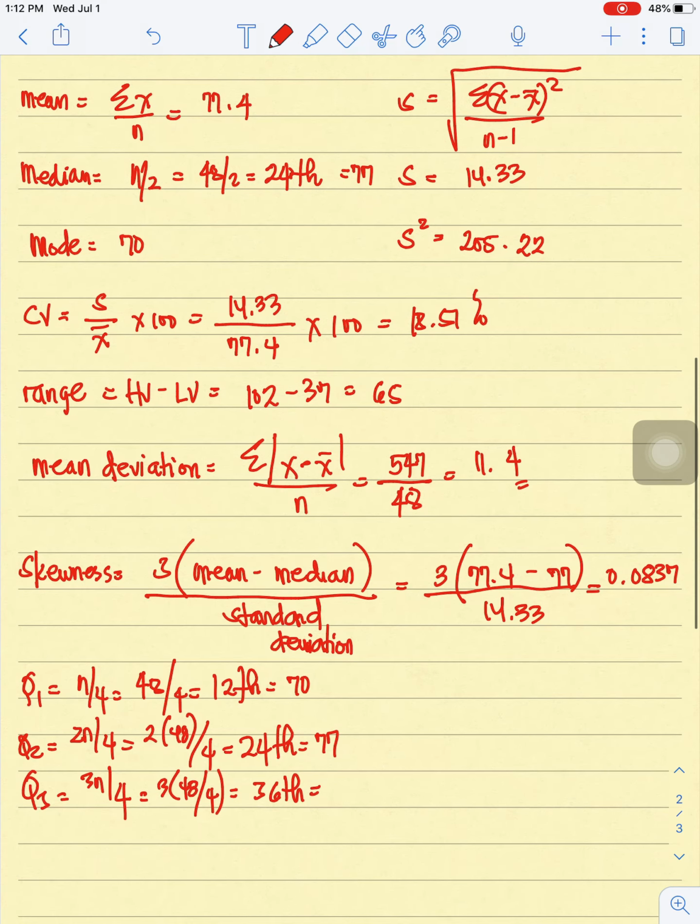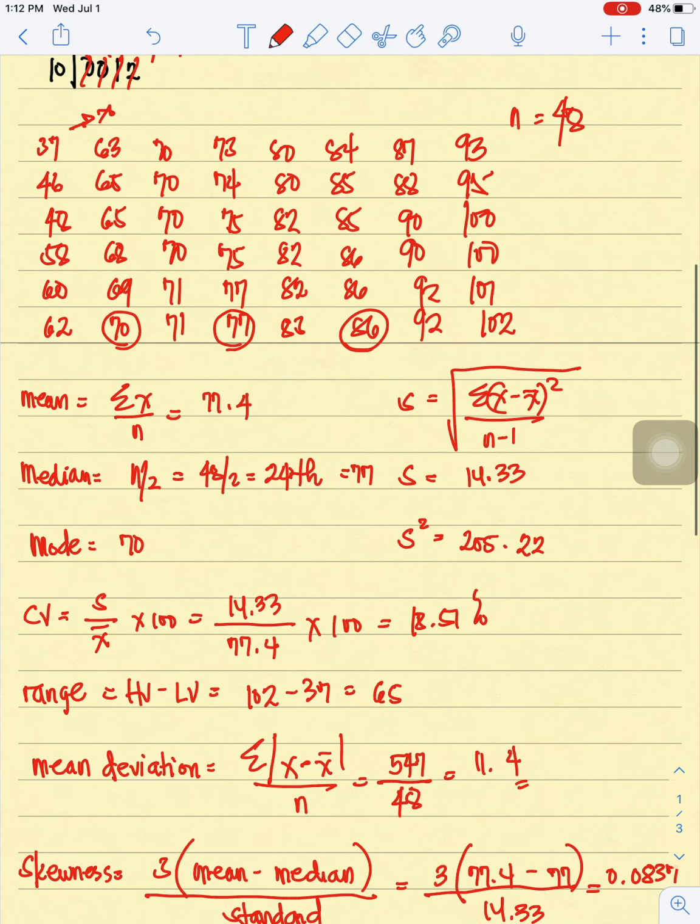That is our Q3, 86. Next is D3. So we have there 3 times 48 divided by 10. That is 14.4, or we can round it up to 15th place, and it's equal to 70.